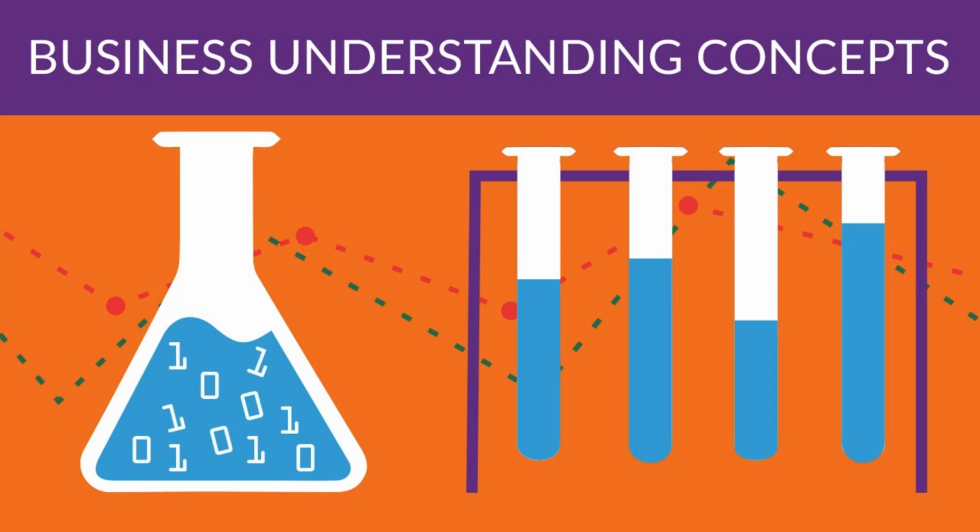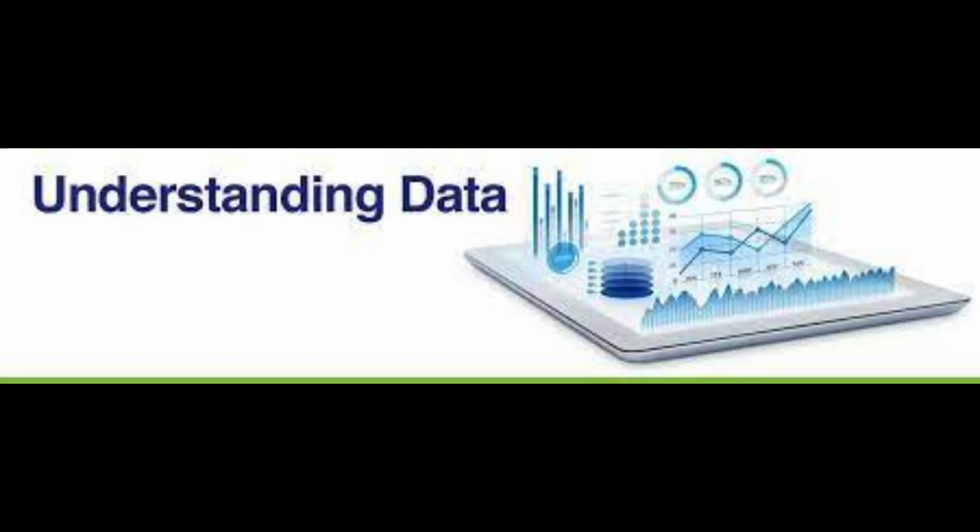2. Data understanding. The next step in CRISP-DM understands the data. In this phase, we'll determine what data we have, where we can get more of it, what our data includes, and its quality. We'll also decide what data collection tools we'll use and how we'll collect our initial data.